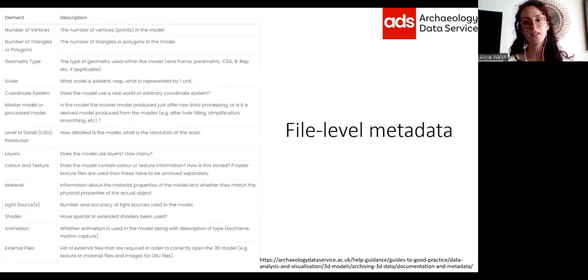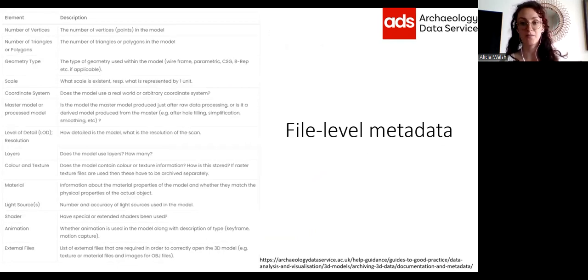So the file level metadata outlined by the ADS requires specific documentation about each 3D model. For example, this would include the number of vertices and triangles that make up the model, what the scale is and its projection error, the texture resolution, things like this.